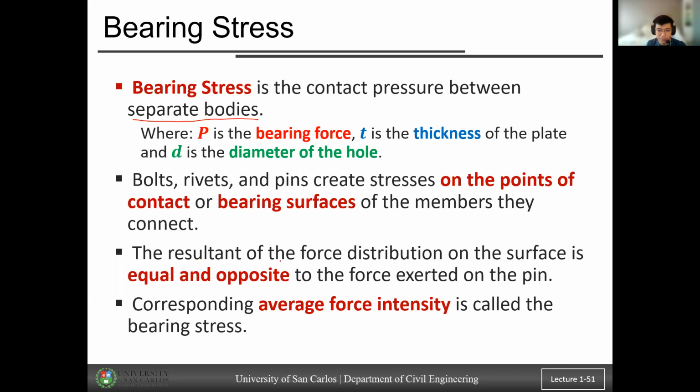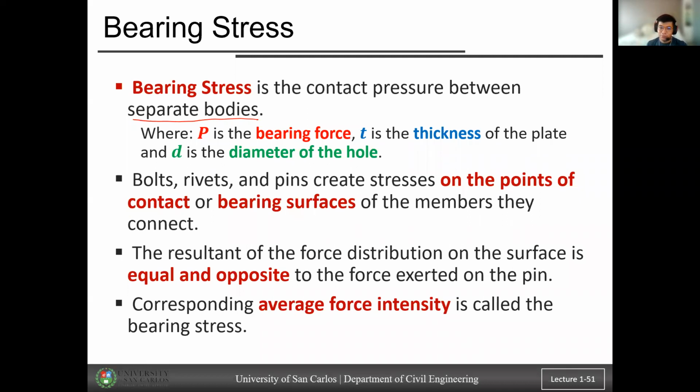Okay, so the resultant of the force distribution on the surface is equal and opposite to the force exerted on the pin. So same concept as your normal stress and shear stress. It's equal and opposite, meaning you need to create equilibrium on that specific portion of that stress.